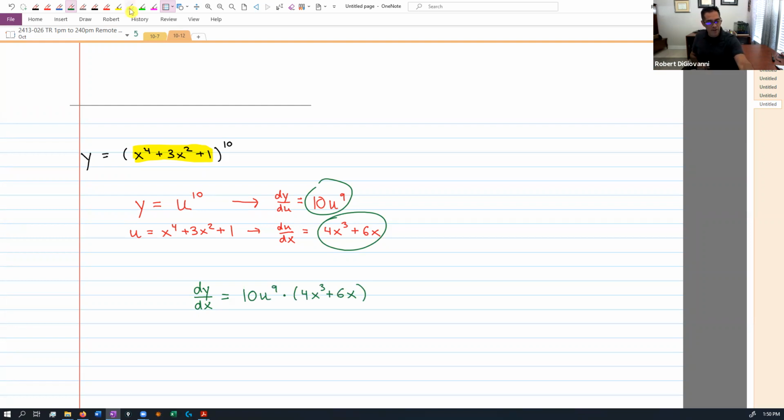I have to replace the u with what u is, right? 10 times (x to the 4th plus 3x squared plus 1) to the 9th, times (4x cubed plus 6x). Same answer as before.